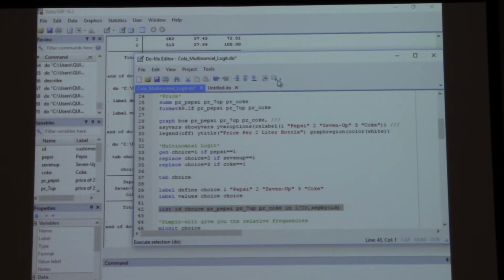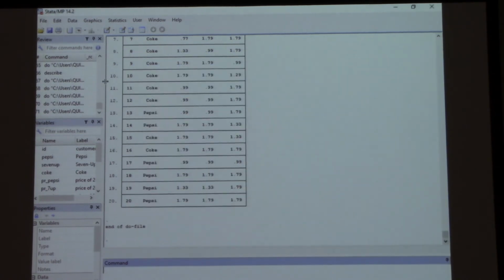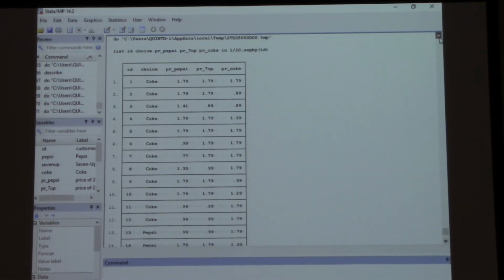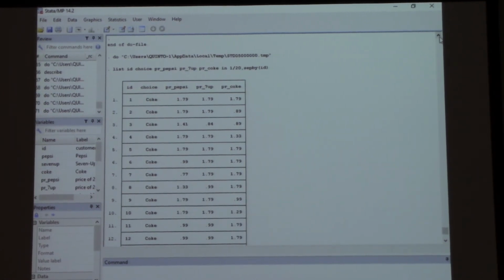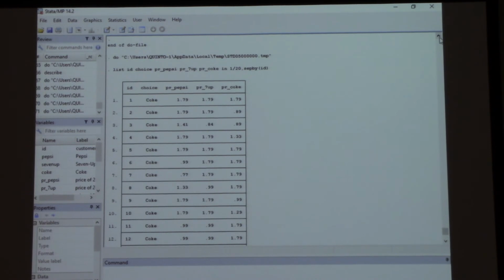Here's a simple list, and each row represents a purchase. This is the unique thing about these home panel data sets: they're set up so that not only do you have the price of the product you purchased, they have the prices of the products you didn't purchase. Let's see.